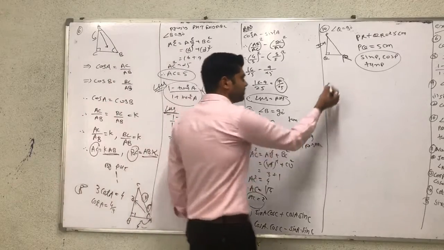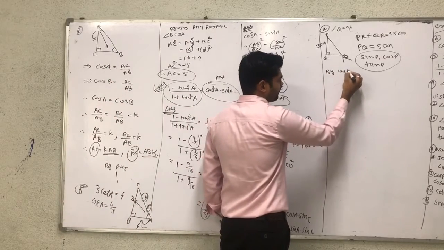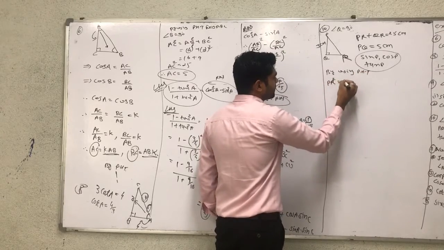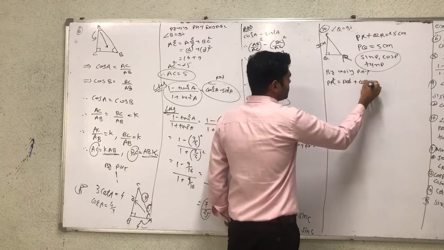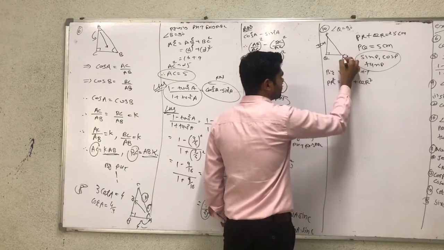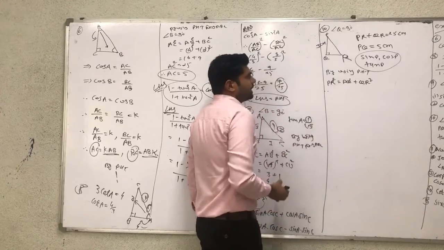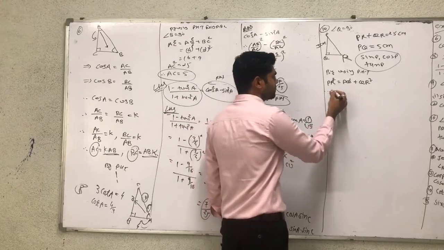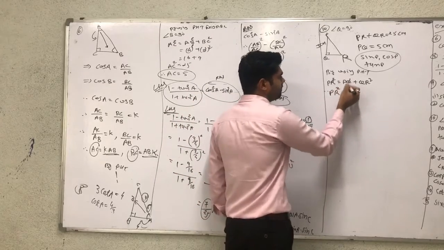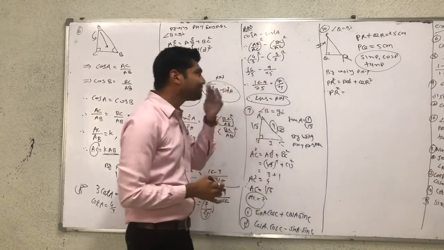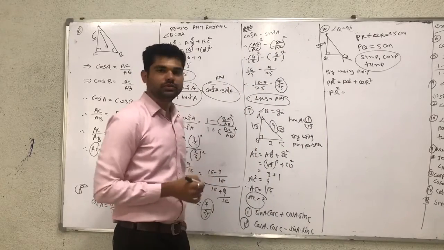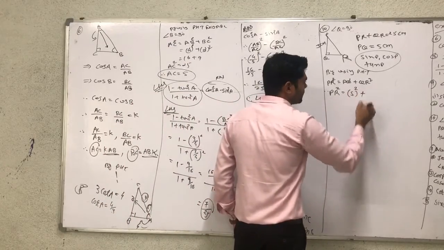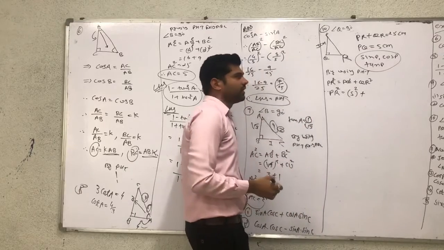So by using Pythagoras theorem, PR square is equal to PQ square plus QR square. PR is not given, so we write PR square. In place of PQ, we put the given value of PQ, 5 square plus QR square.